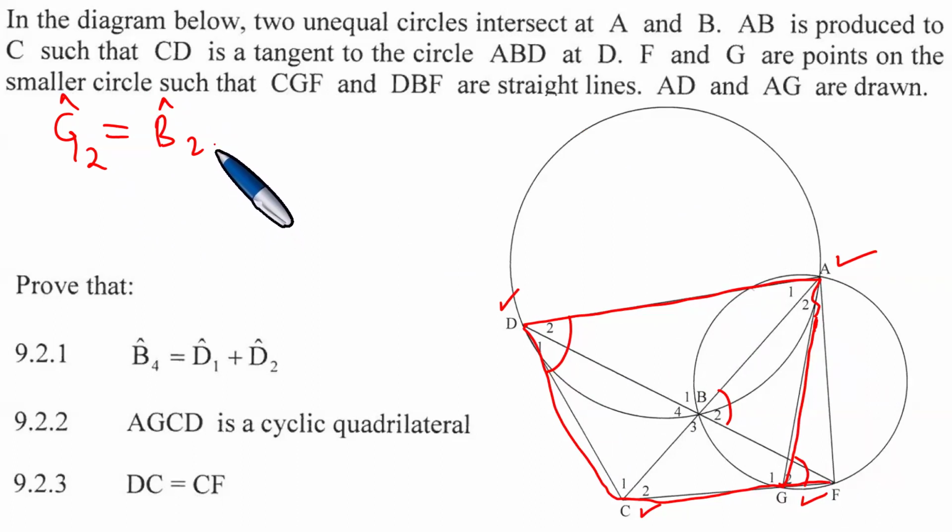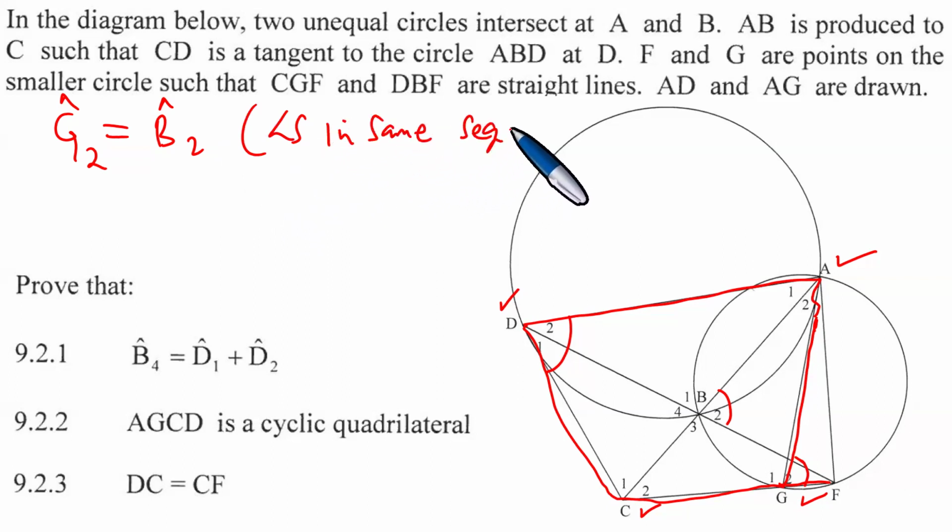Why? These are angles in the same segment. So if angle G2 equals angle B2, those are angles in the same segment. Then angle B2 equals angle B4, which is what somebody is able to see here.